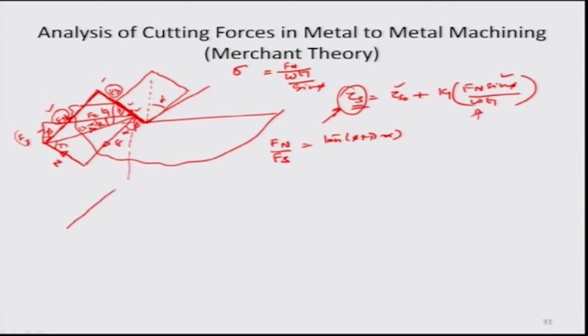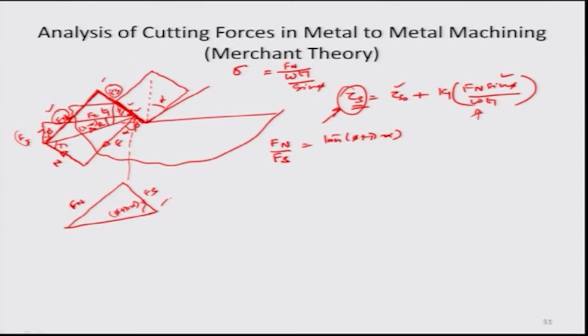Let me just separate this out here. This is Fs, this is Fn, and the angular relationship between these two. Therefore, the resultant of these two forces is at an angle of phi plus lambda minus alpha. So, obviously, Fn by Fs in this particular case becomes tan of phi plus lambda minus alpha.